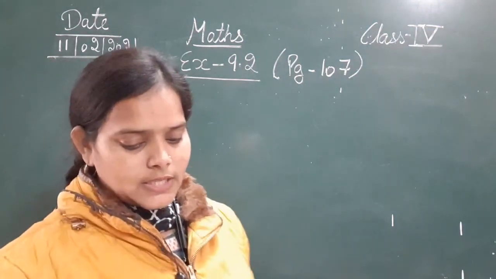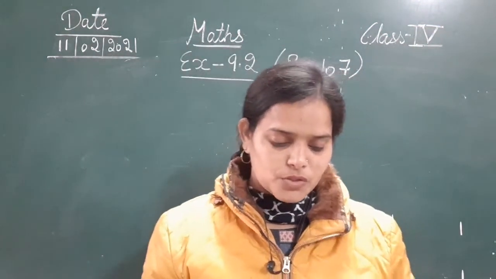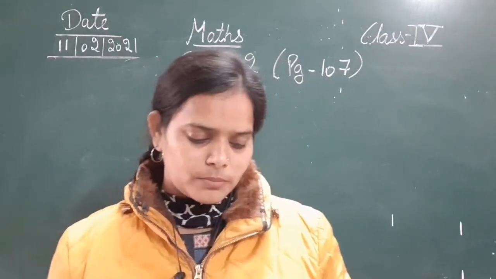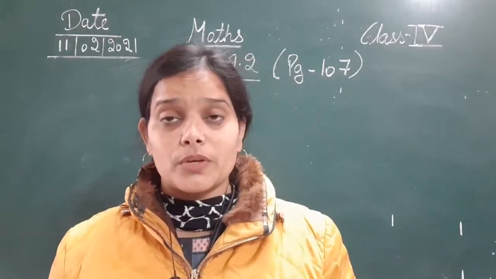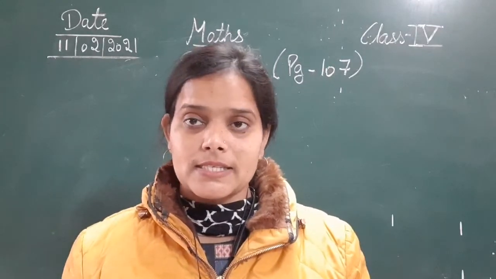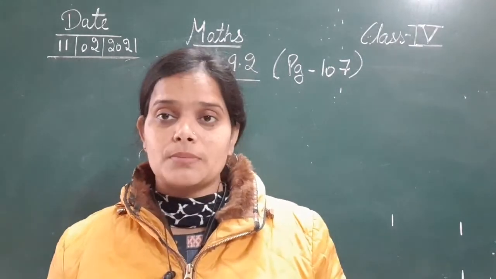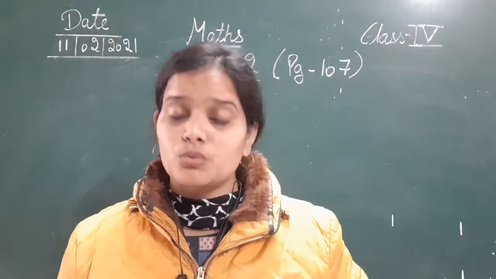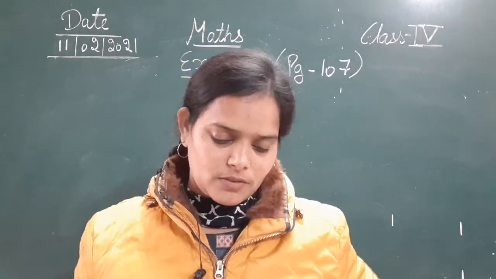Okay, so let's see what is given here. Question number 12: John bought. From question number 12 we are starting with the statement sums from the exercise 9.2. So the first statement sum from the exercise 9.2, that is sum number 12, is given here.